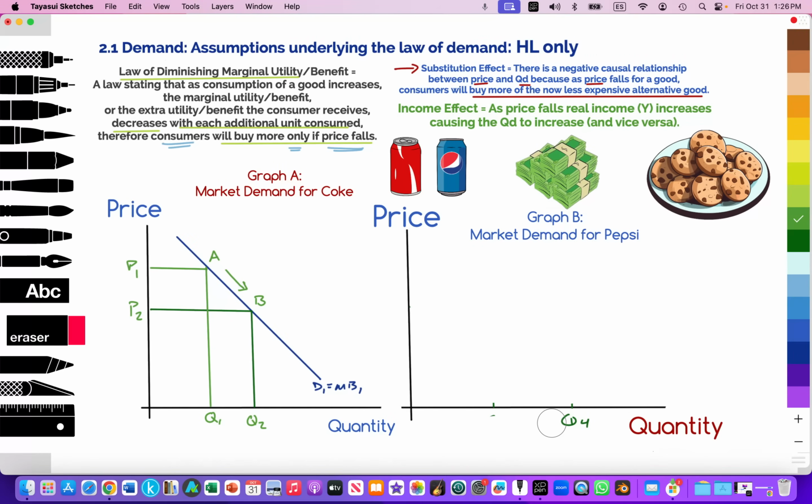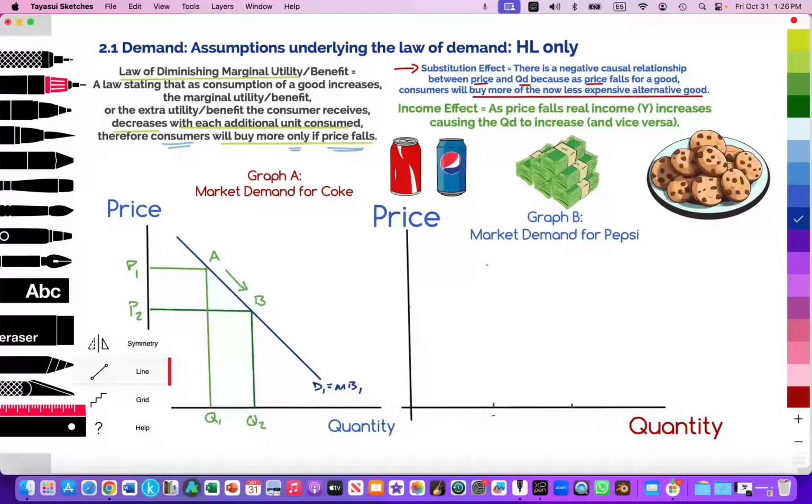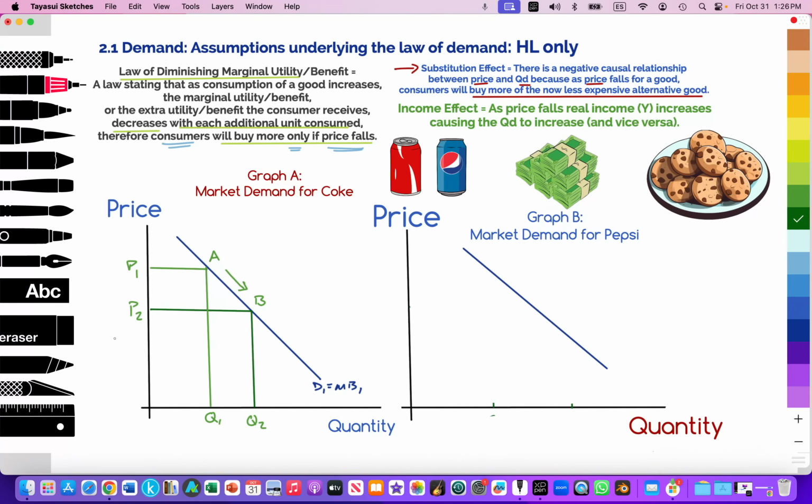All right, so we have this demand curve by Pepsi. And they're going to have a similar price to Coke. Let's say it's this P3 here. Their quantity of demand at Q3, point C. And this is their demand curve D2 equal to marginal benefit 2.